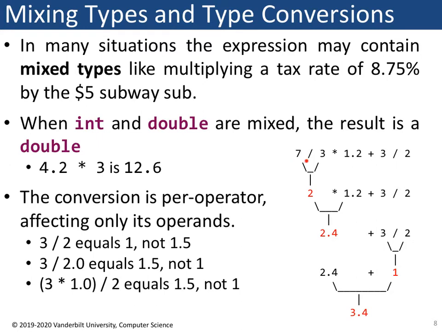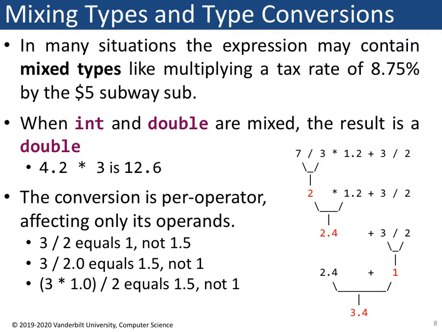So we begin with 7 divided by 3. 7 and 3 are both integer literals, so the result is a 2. The result has a remainder of 1, but because it's an integer division, the remainder gets chopped off, and we're left with the integer result of 2.